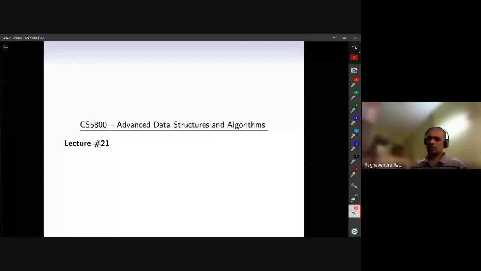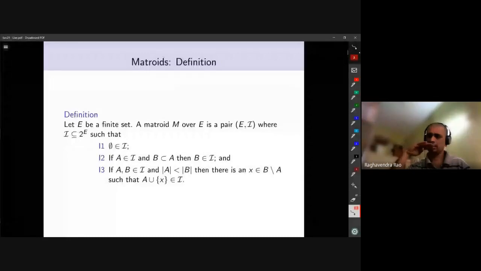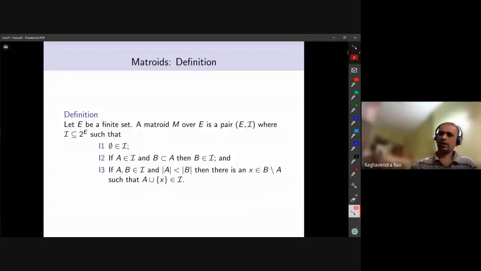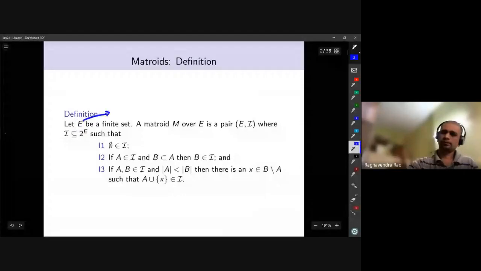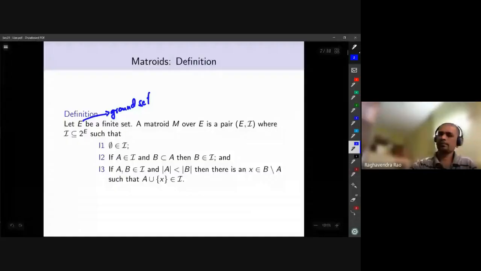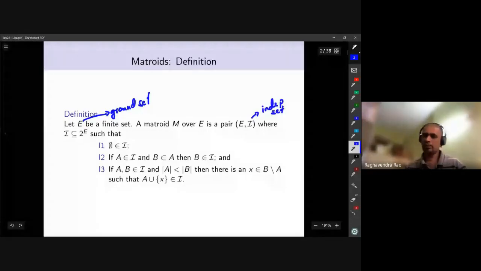In the last lecture, we defined an object, a collection of sets, which we called matroids. A quick recap of the definition. A matroid comes with a finite set, which we call the ground set, along with a collection of subsets, which we call independent sets, with the following properties.